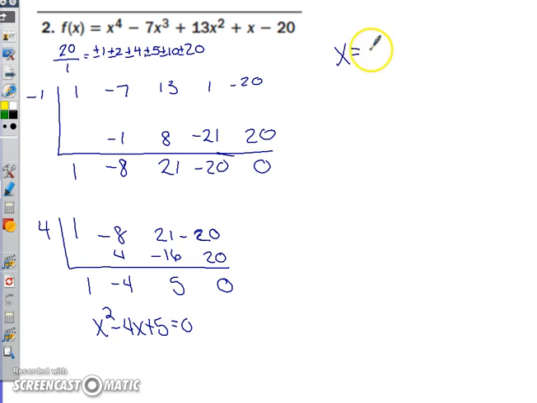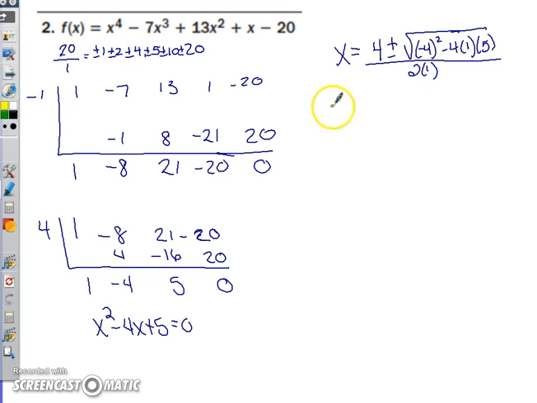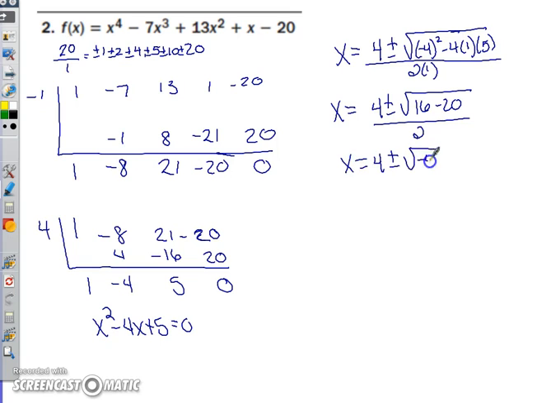X equals the opposite of b, which is a +4, plus or minus the square root of -4 squared minus 4 times a times c all over 2 times a, which is x equals 4 plus or minus the square root of 16 minus 20 all over 2, which is x equals 4 plus or minus the square root of -4 over 2, which is x equals 4 plus or minus 2i.